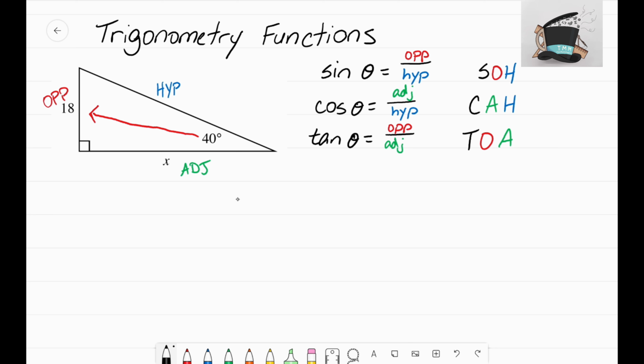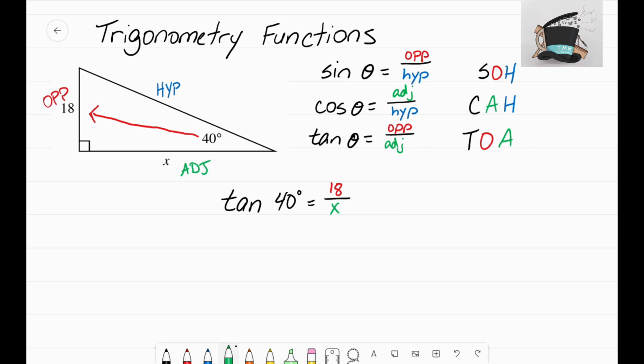I know that I'm going to be using tangent of theta. Theta is my angle here, and so that is 40 degrees. And it equals my opposite side, which is 18, over my adjacent side, which is x. And now I have an equation that I can solve for x.